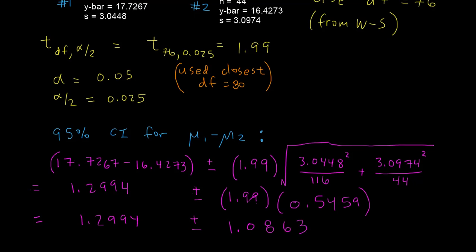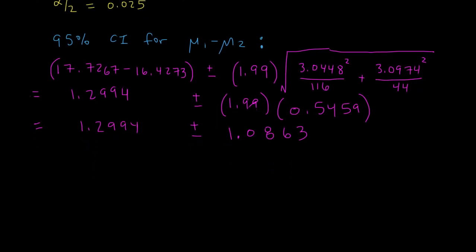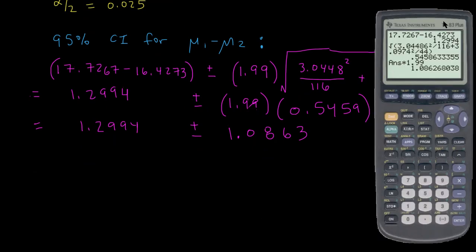Okay, so I can now take my point estimate and add and subtract the margin of error. So I'll bring up my calculator again. 1.2994 minus that margin of error. And while I'm at it, I'll go ahead and do the upper bound.